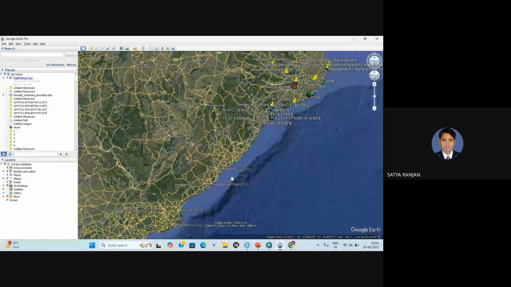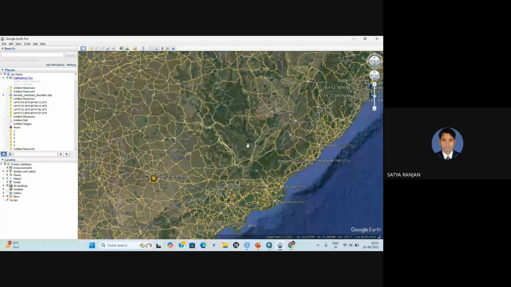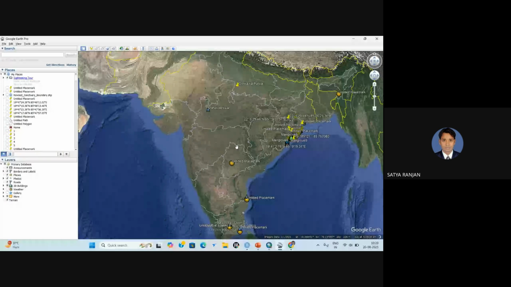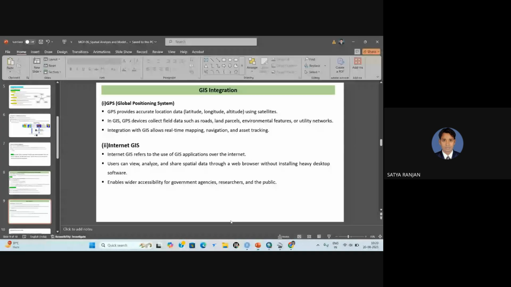But due to Google Earth and other web-based apps, we can visualize all over the world and get location information. This is wider accessibility for government agencies, research, and public and personal use. It is very helpful.